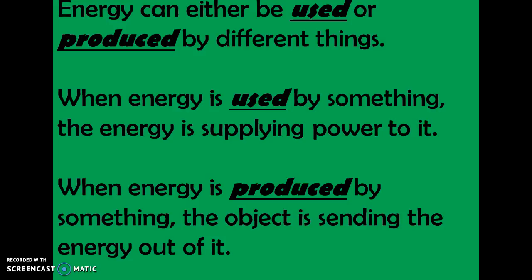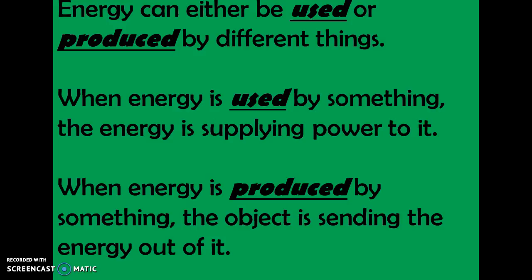The reason I use a hairdryer is that I want that heat or thermal energy to dry my hair faster. So the electricity is going into the hairdryer, the hairdryer is using the electricity, and the hairdryer is producing thermal energy in the form of heat so I can dry my hair.